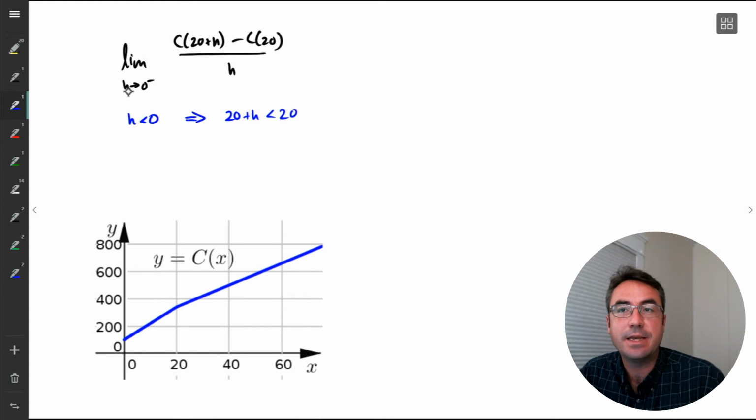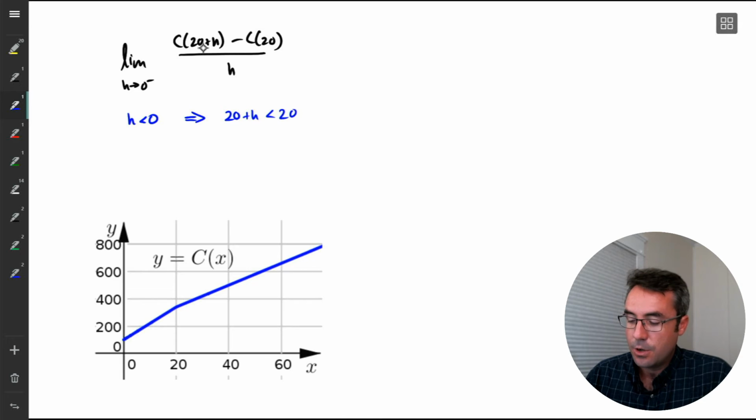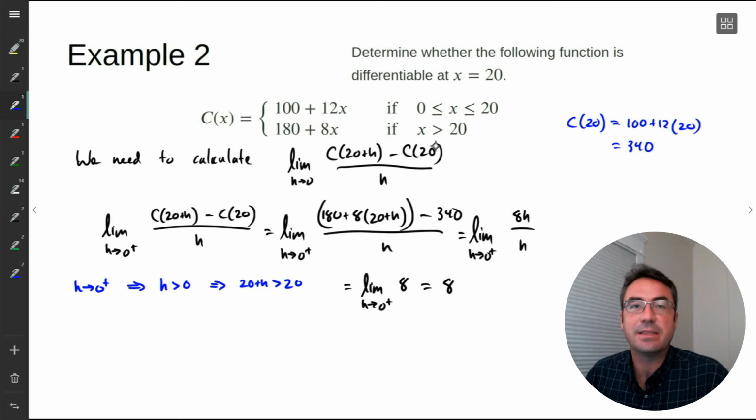So h is slightly negative here. Our input h here is slightly negative, which means 20 plus h is going to be slightly smaller than 20. So when we actually go to evaluate this, we're trying to decide which piece to use when I plug 20 plus h in. And 20 plus h is slightly smaller than 20 because h is slightly negative.